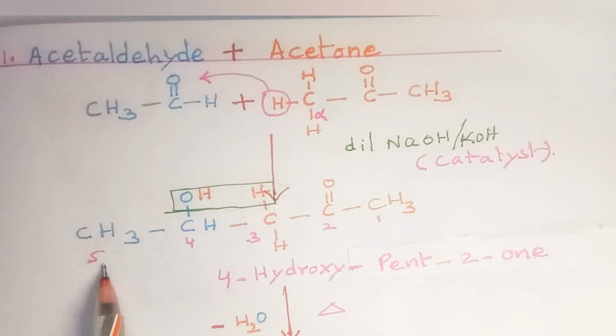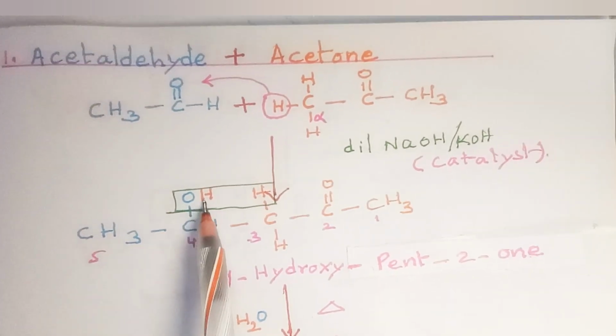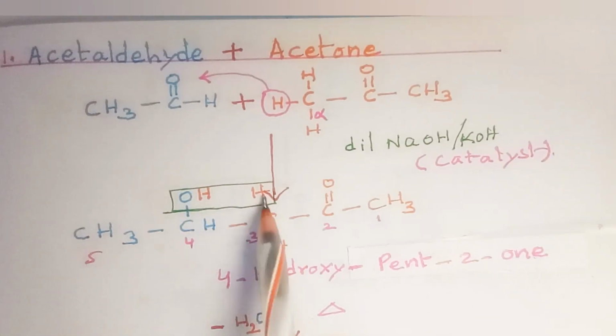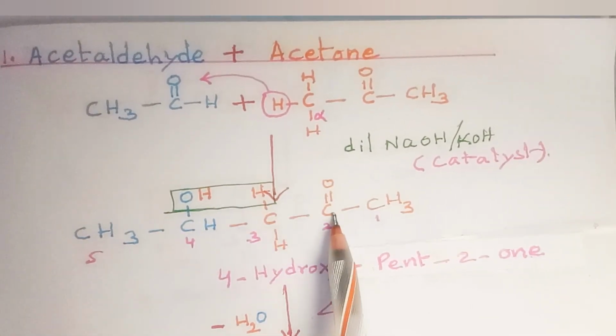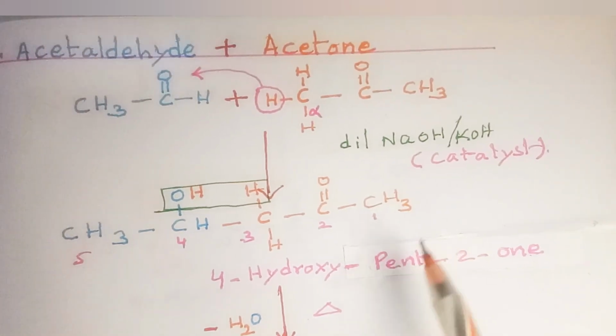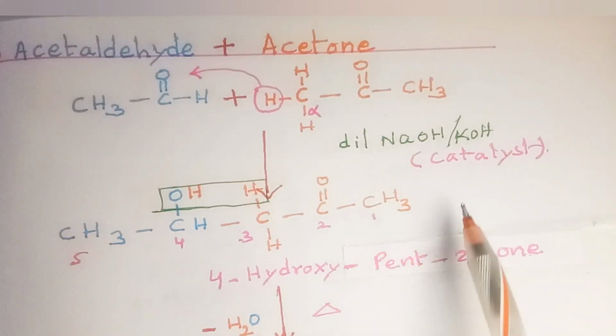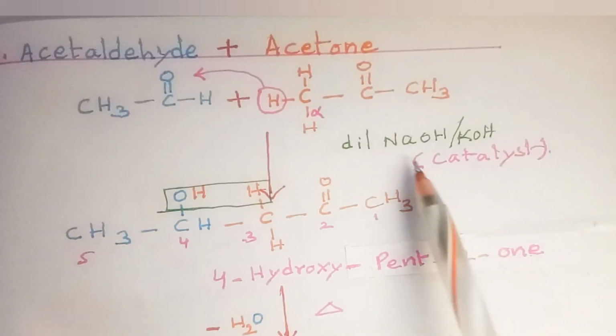So we get CH3, CHOH, CH2, C double bond O, CH3. This is the aldol formation product.